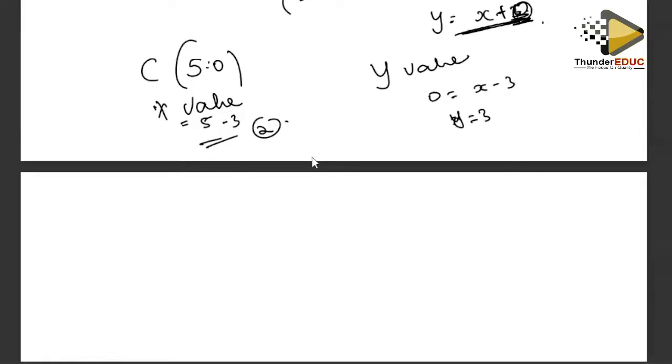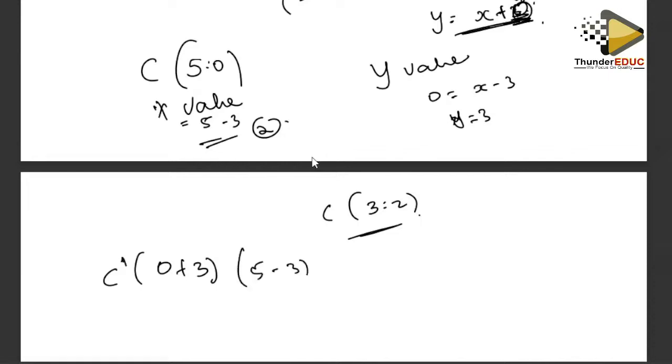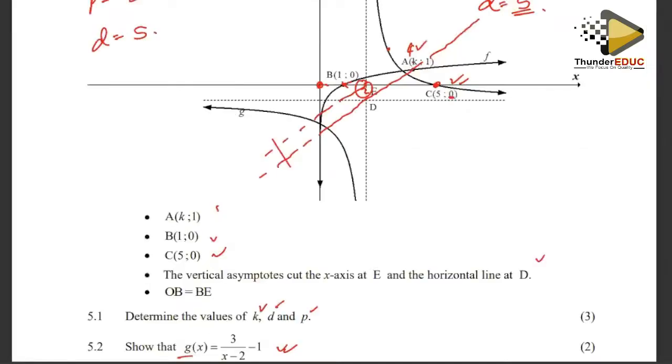So the points of interest supposed to be 3 and 2. Alternatively, what we can say is that if say 0 plus 3, because of this 3, and then our y value is going to be 5 minus 3 to still give us a 3 and a 2. So that is the point of reflection.